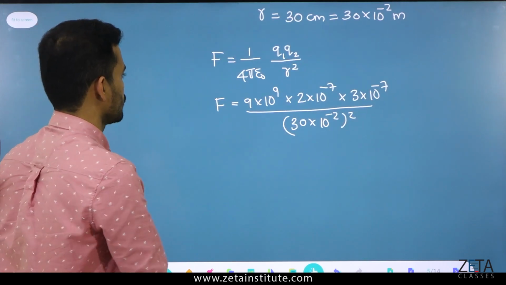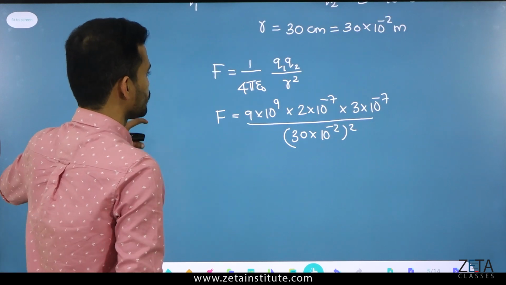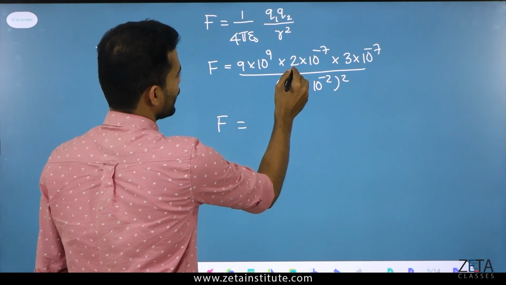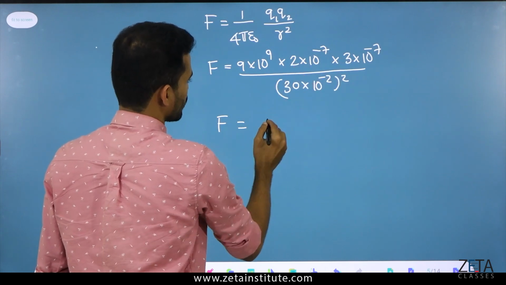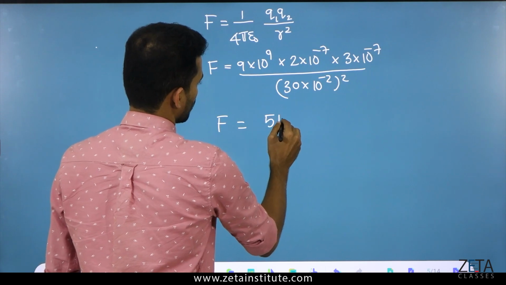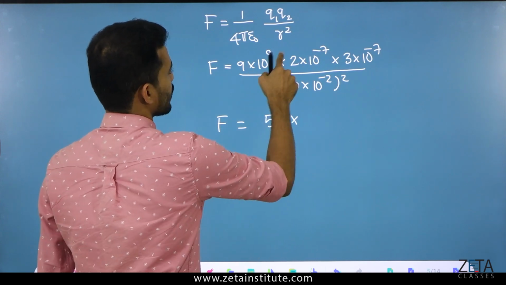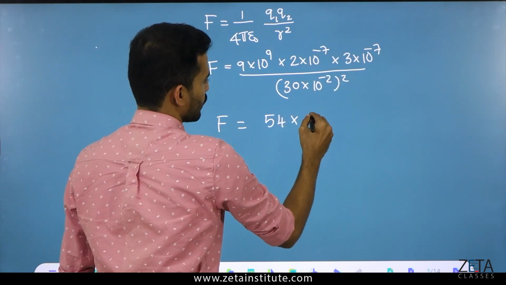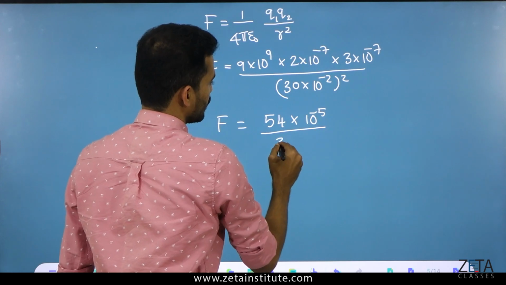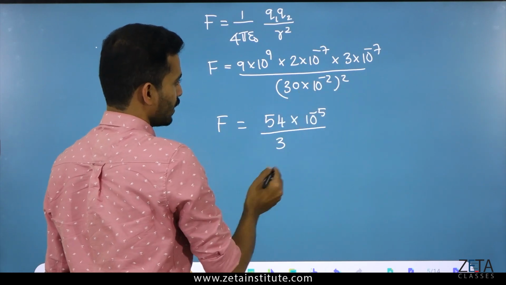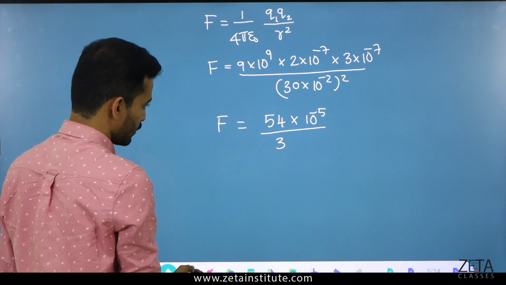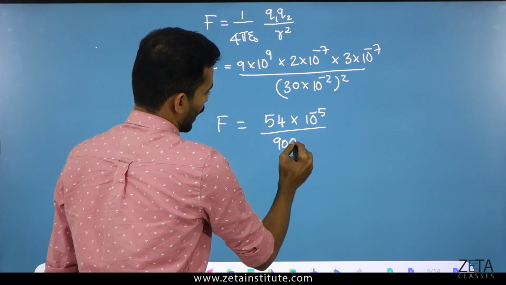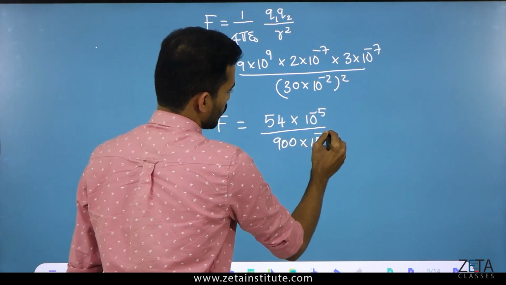Okay, then next find out the values. F is equal to 9 into 2, 18, 18 into 3, it is 54 into 10 raised to 9, 10 raised to minus 7, 10 raised to minus 7, that is 10 raised to minus 5, divided by 30, that means 3 square, that is 900 into 10 raised to minus 4.